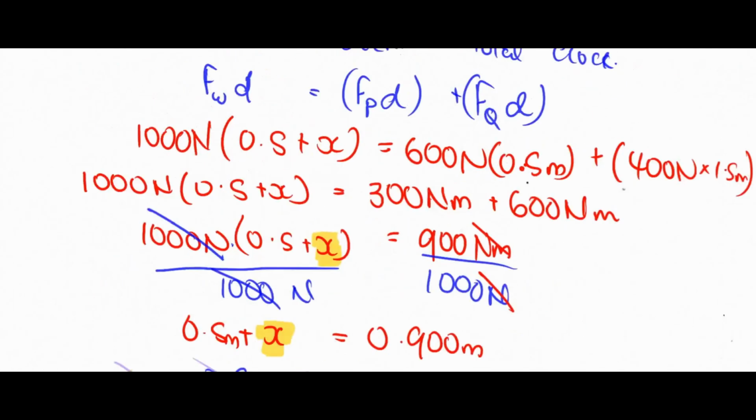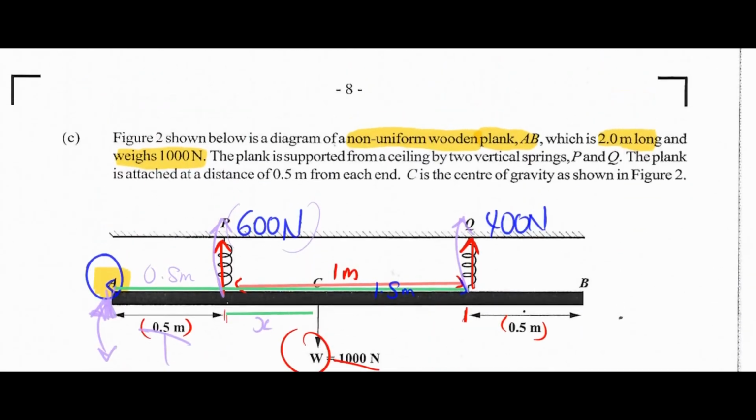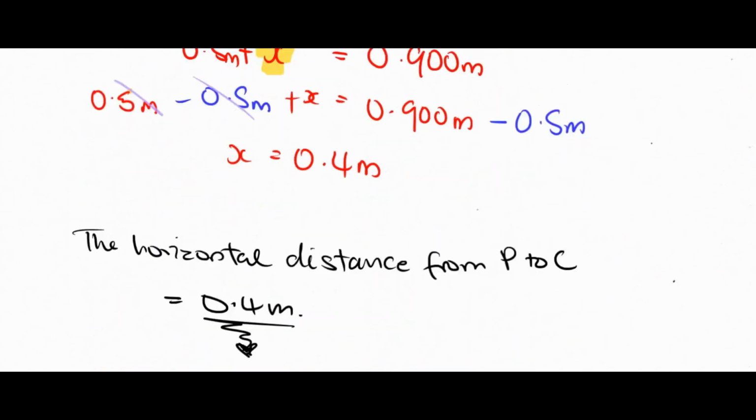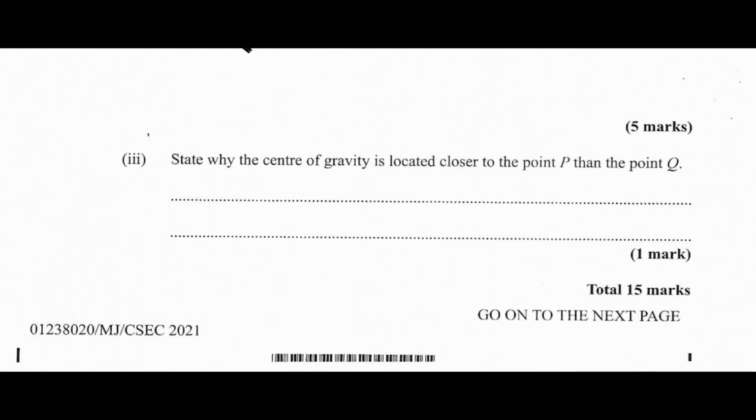Now they want you to state why the center of gravity is closer to P than the point Q. First of all, in the original statement, they told you that it was a non-uniform wooden plank, so you would expect that the center of gravity would be closer to one of the springs than the other.